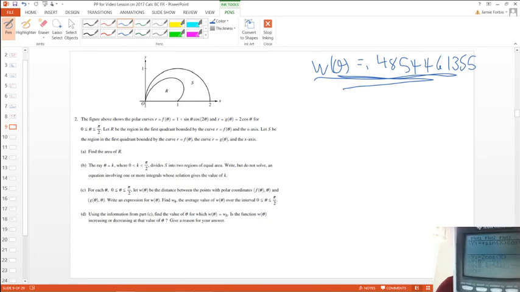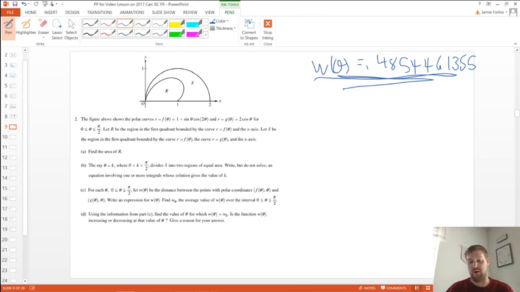So then I graphed 0.485 whatever into the calculator. And when I graphed it, I did zoom fit. I messed it up, because I turned them back on.